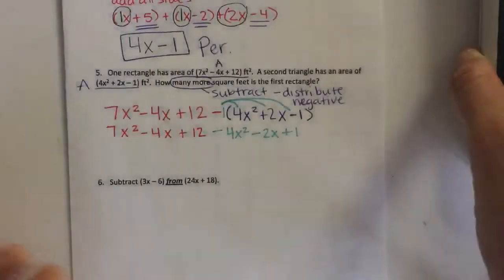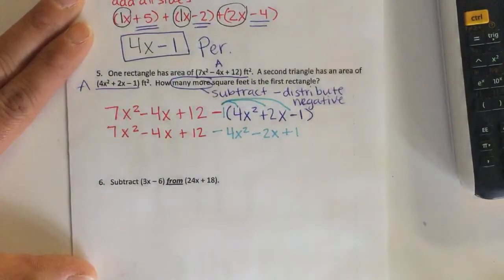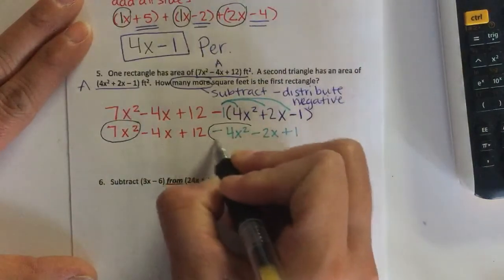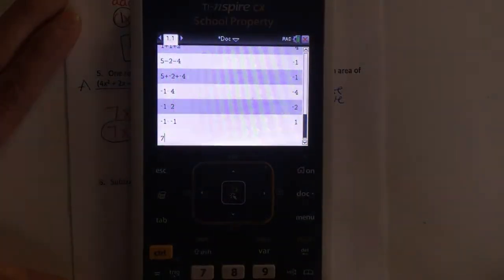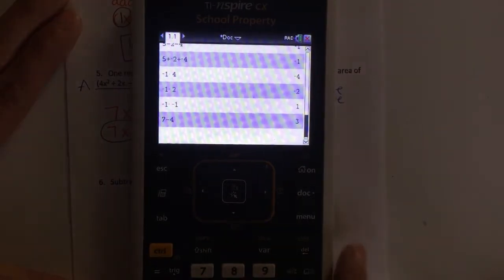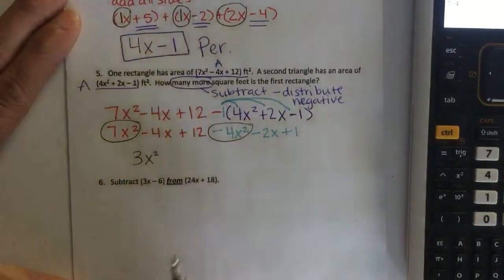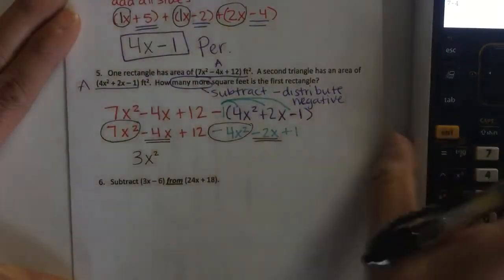Now from here you just combine your like terms. You combine 7x squared with minus 4x squared. So you take 7 minus 4, which is 3. 3x squared. Now you take negative 4x minus 2x.